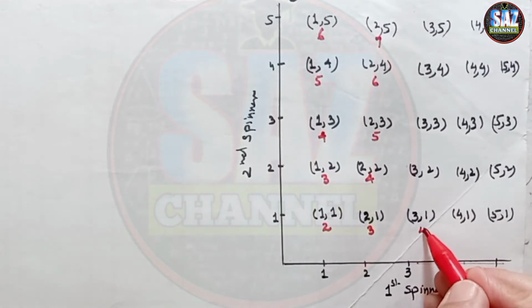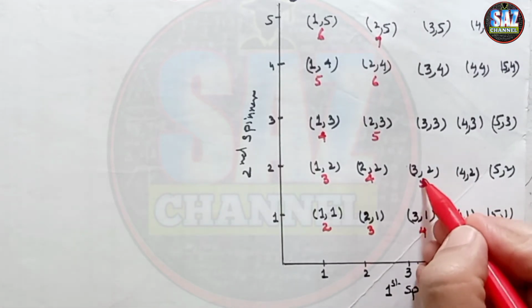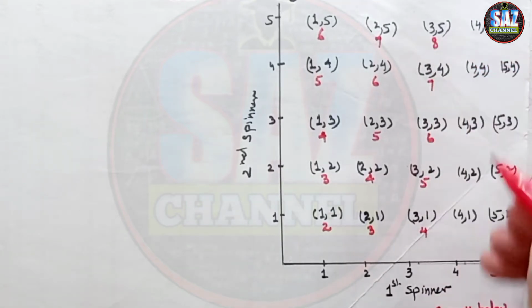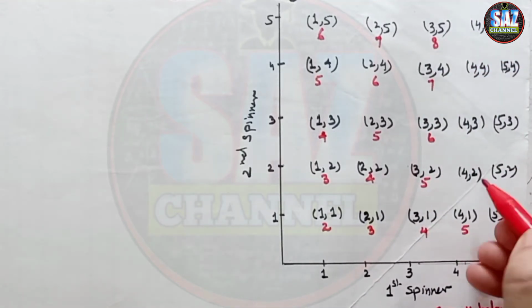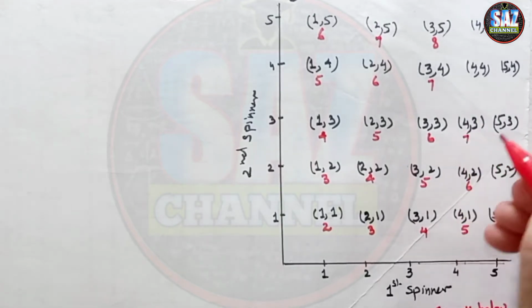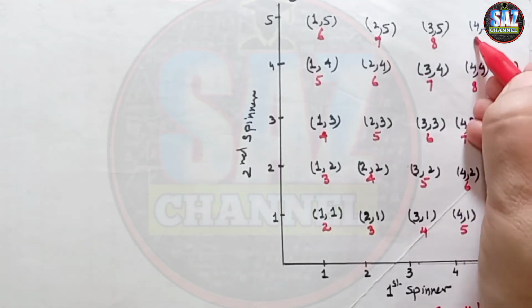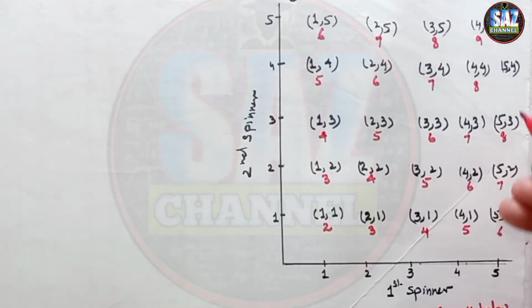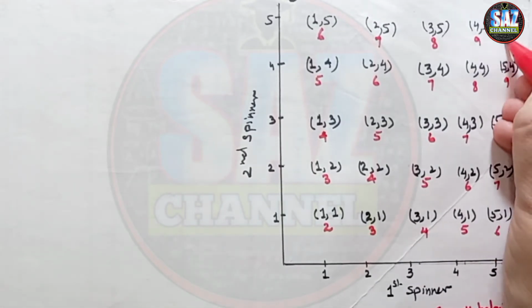Then 3 plus 1 is 4, then 5, 6, 7 and 8, and then 5, 6, 7, 8 and 9, and then 6, 7, 8, 9 and 10.